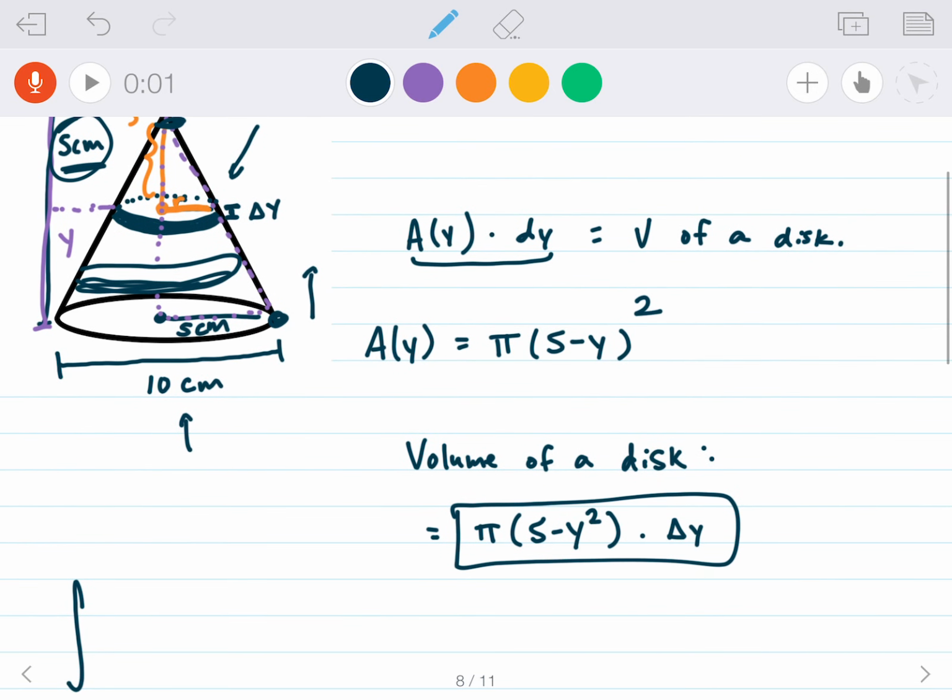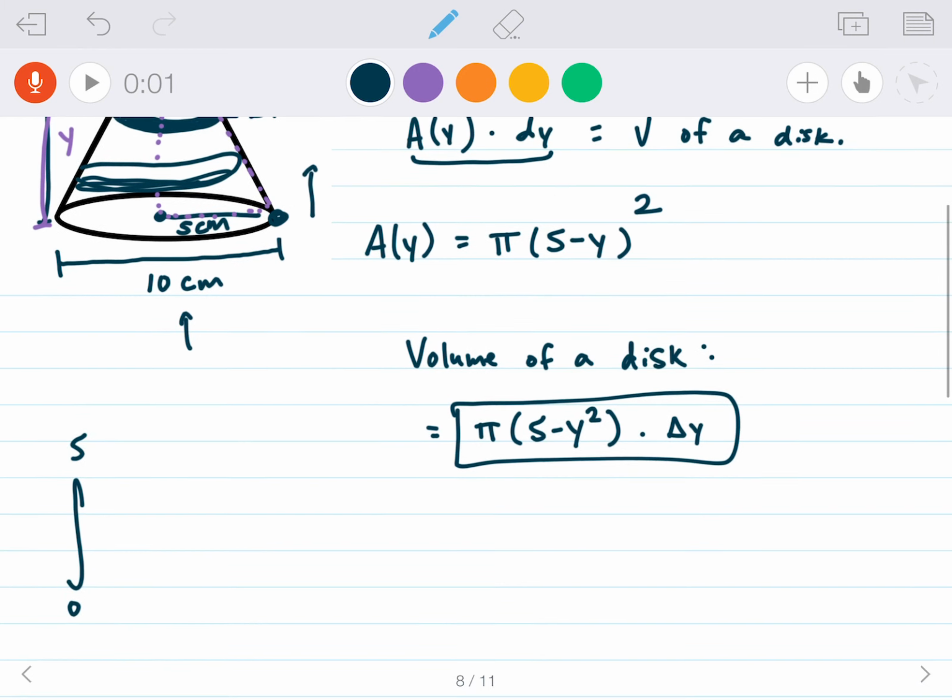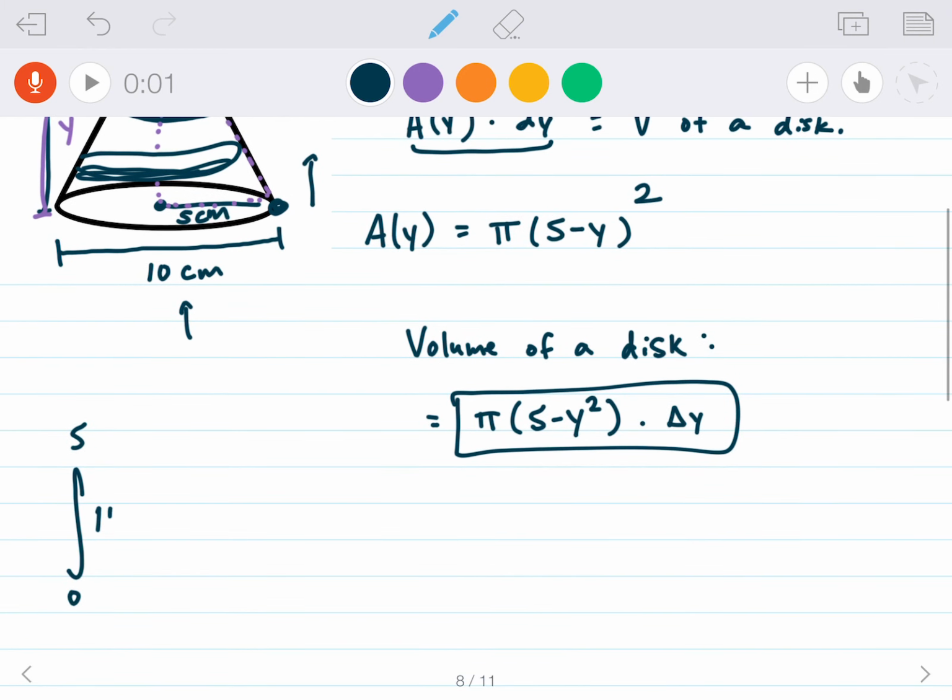And what am I integrating? I'm integrating pi times 5 minus y squared, with dy instead of delta y. And actually, I wrote this wrong. This should be 5 minus y all squared. Sorry, guys.